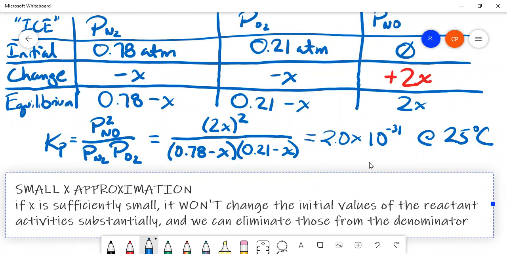We can eliminate the x's from the denominator if x is sufficiently small that it won't change the initial values of the reactant activity substantially.